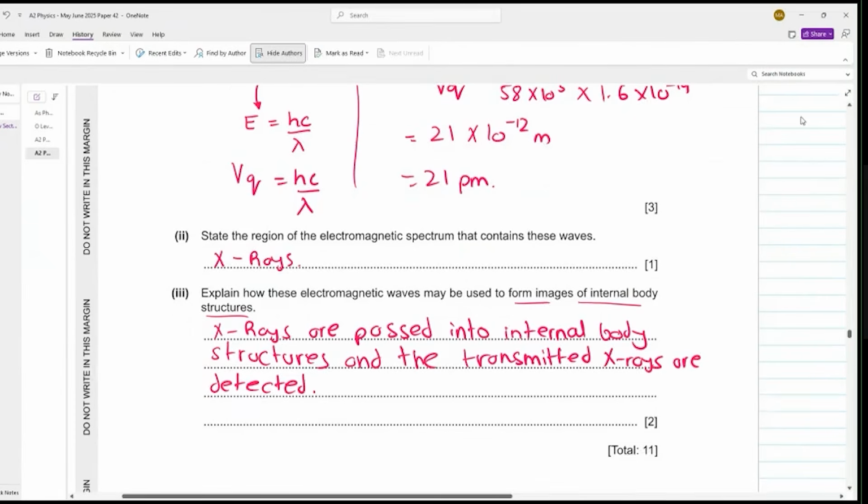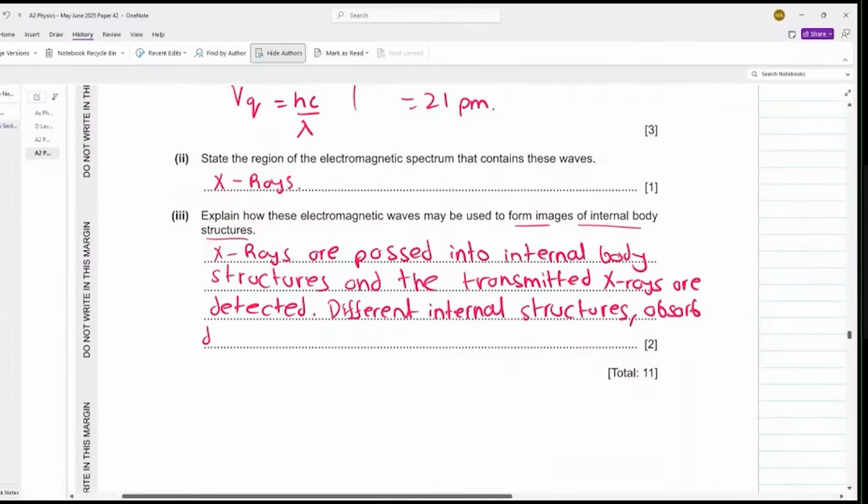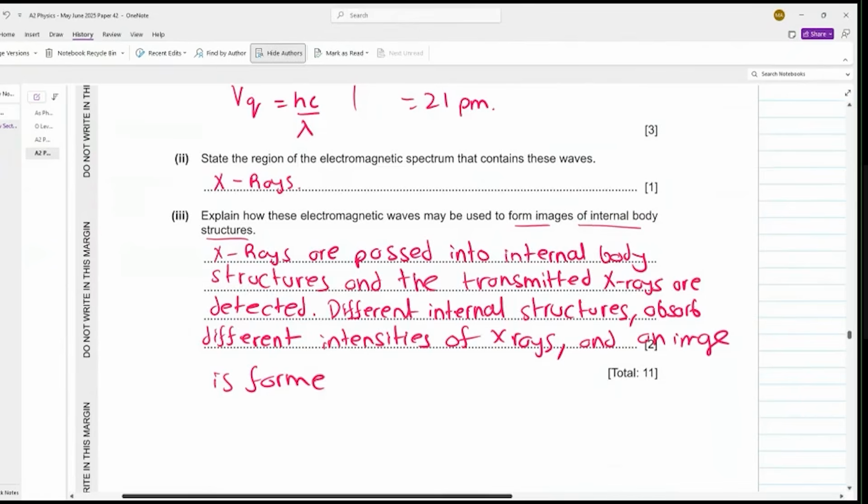Different body parts, or different tissues, or different internal structures, absorb different amounts, different intensities, of X-rays, and an image is formed based on the transmitted X-rays.